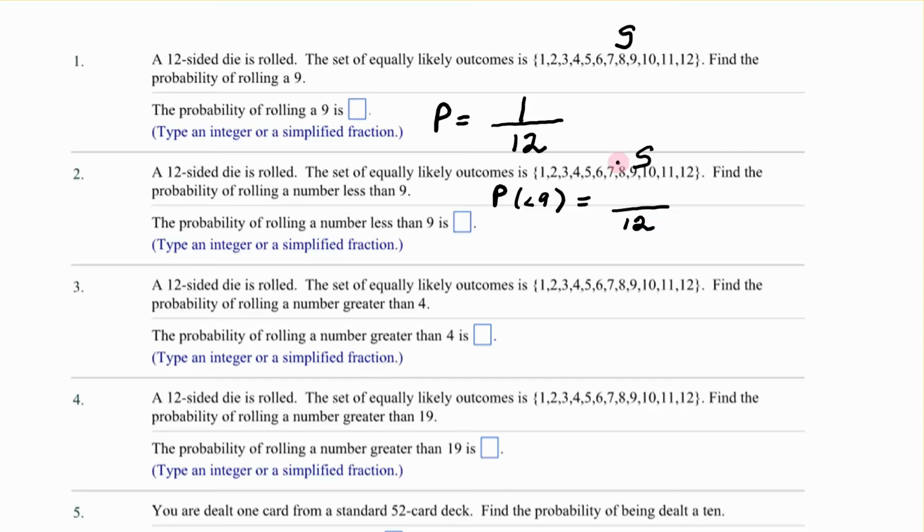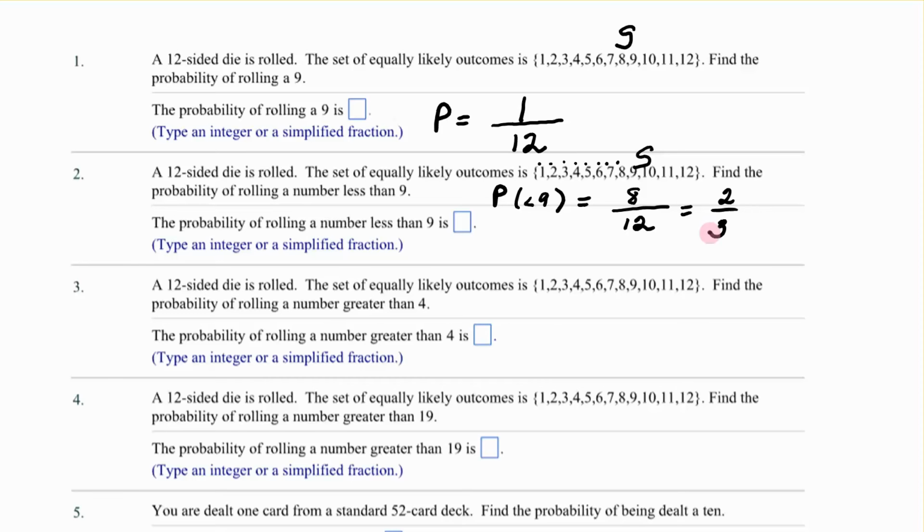Well, you could get an 8, a 7, a 6, a 5, a 4, a 3, a 2, or a 1. And all of those would satisfy less than a 9. How many of those are there? There are 8. It asks for a simplified fraction. Divide each of those by 4, and I get 2/3. Theoretically, if I roll it 3 times, 2 out of those 3 times, I should get a number less than 9. I might not, but that's what the theory says.